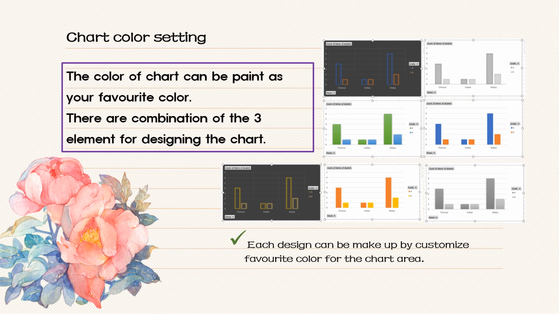You may select the combination color between blue and orange, yellow or blue, orange with yellow, or the black and the visible bar, or you may create your own chart setting. Each design can be made up by a customized favorite color for the chart area.